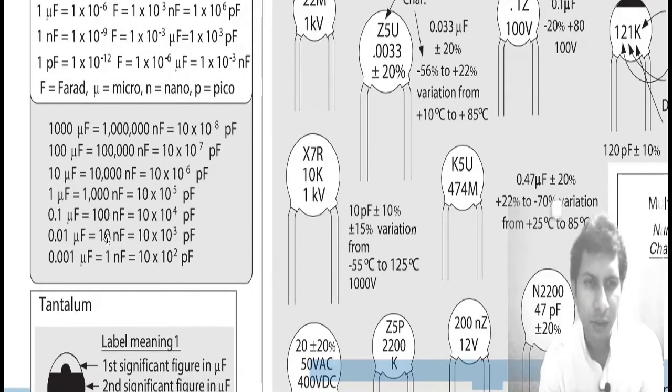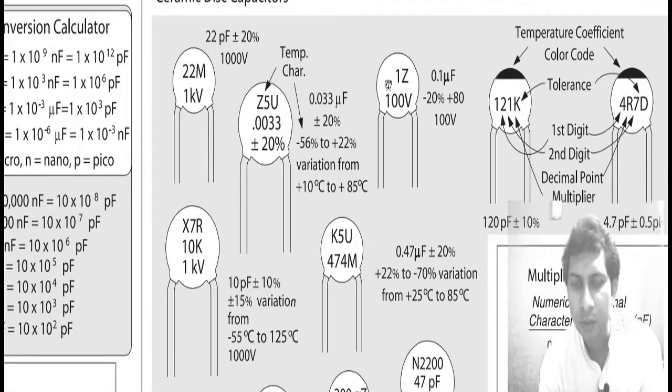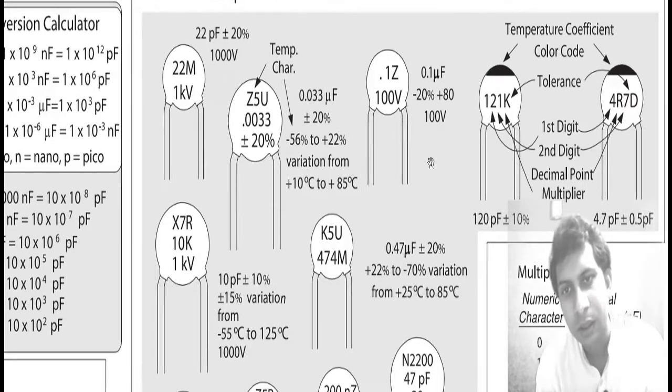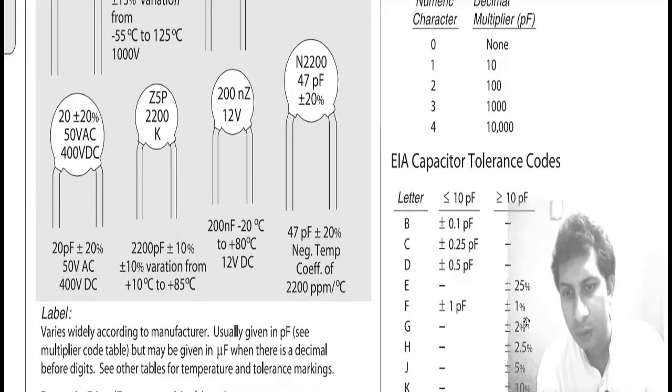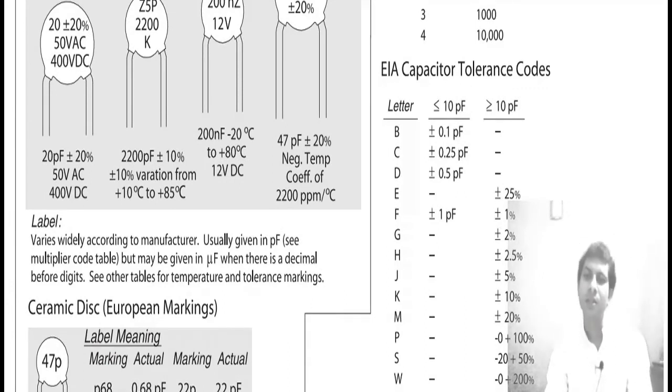You can also write it as 100 nanofarad, or 10 to the power 4 picofarad. So for this example, 0.1 Z 100 volt, 0.1 represents 0.1 microfarad, and what is Z representing? You come down here, Z is minus 20 plus 80% tolerance.